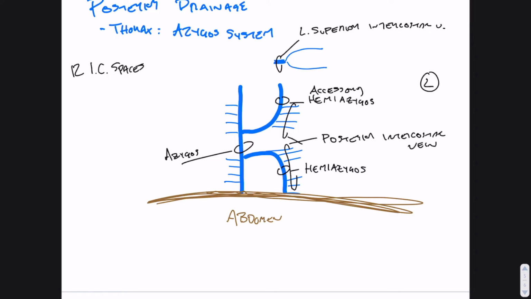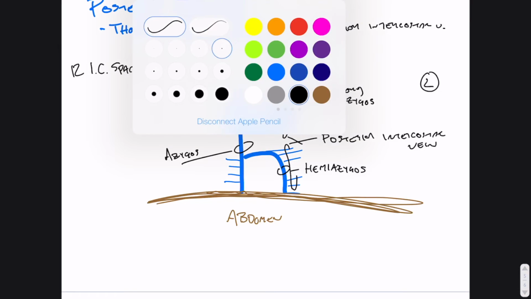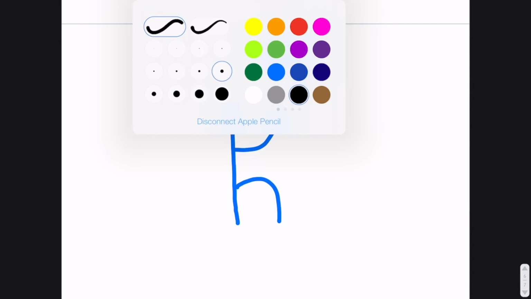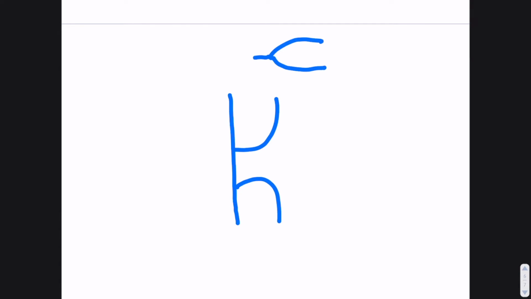So looking at this left side, I'm going to redraw this. And this is something you probably want to be able to do on an exam. Just bust it out really quick in case you need it to kind of visualize the stuff. So it's just a K and then a little fork like that. So this upper part is draining the first and second spaces. So in total, that's 2 spaces. And again, that's the left superior intercostal vein.